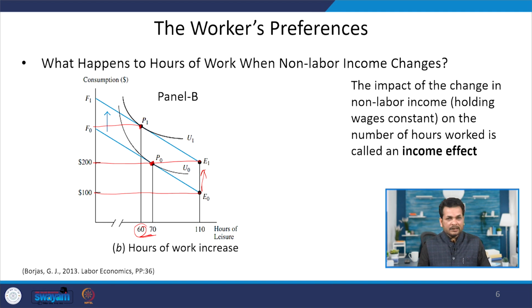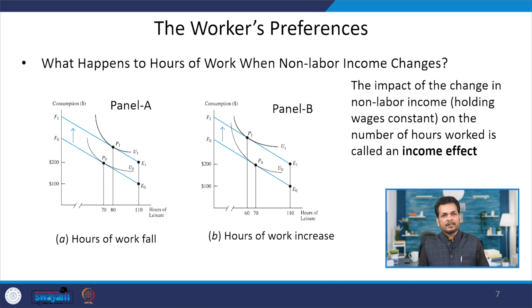If you compare these two panels, in panel A the leisure hours have increased from 70 to 80. In panel B, the leisure hours have decreased from 70 to 60.